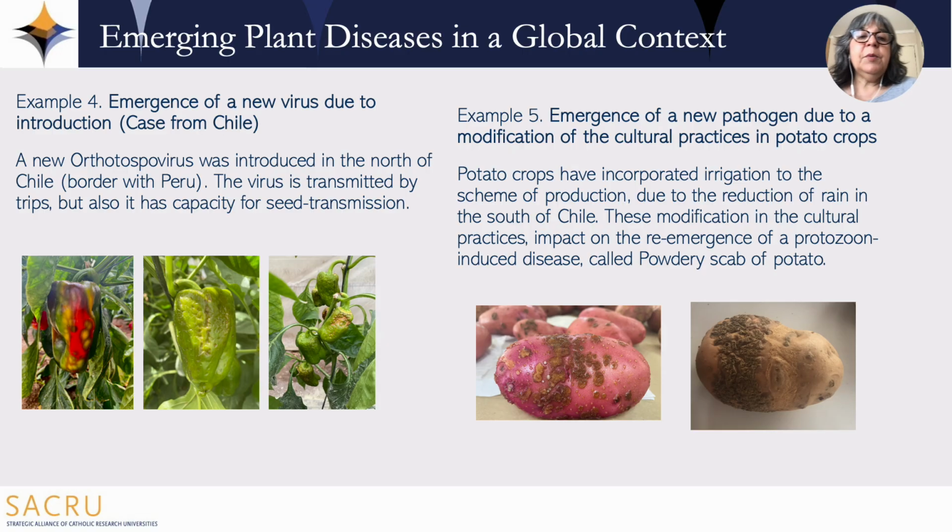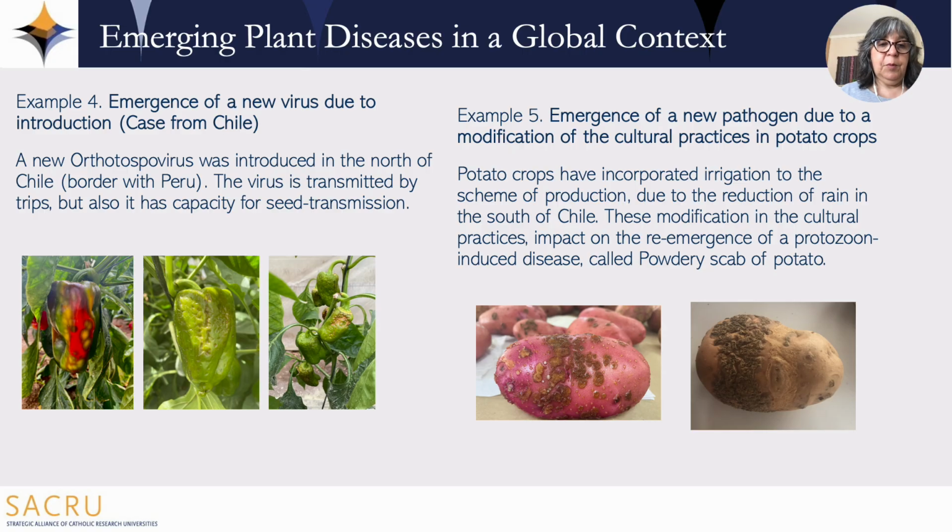The last two examples that I want to bring today are cases from Chile. I brought them here because it's part of the work that we are doing in our laboratory. Two different PhD students are studying the emergence of these two pathogens.